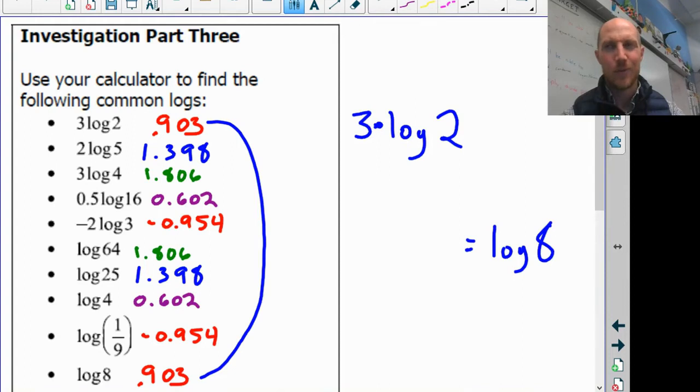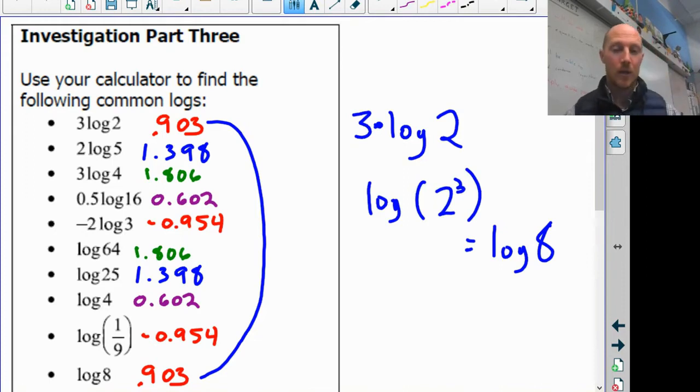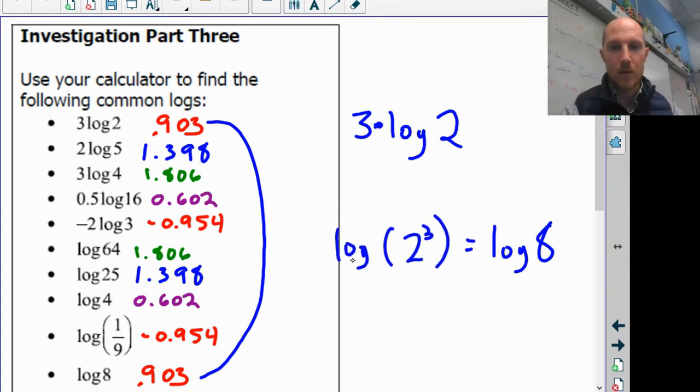Well, if you know mental multiplication, you know your times is your powers. 2 multiplied by itself thrice is the same thing as 8, right? 2 times 2 is 4, and then times 2 again is 8. So 3 2's multiplied by themselves gives us 8. So log of 2 to the power 3 is the same thing as log of 8, or the same thing as 3 times log of 2. And again, there are some more examples there doing the exact same thing.